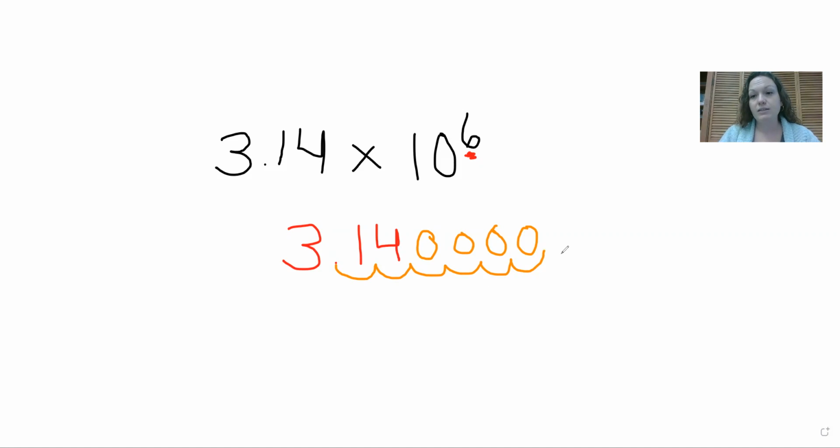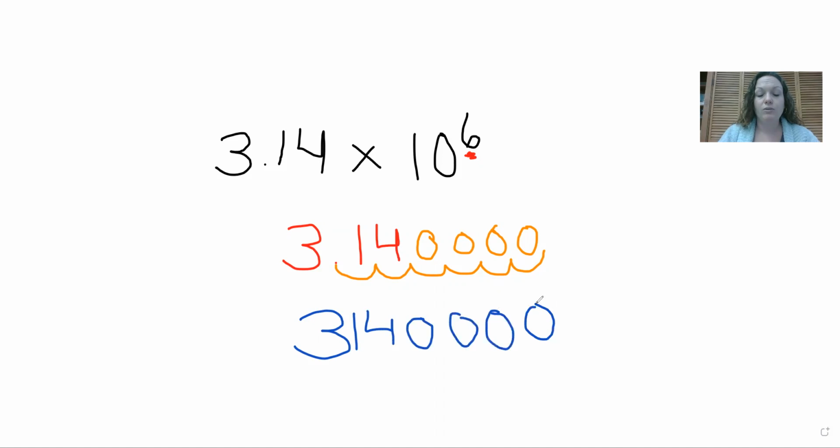And in this case, it's not as important as when you're moving it the other direction. So this number is going to be 3, 1, 4, 0, 0, 0, 0. Now, if you want to name this, you should be putting commas in here. So it's 3,140,000.